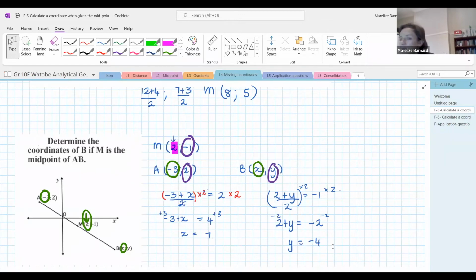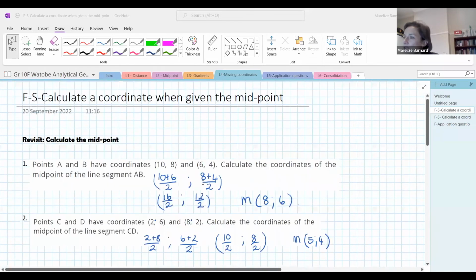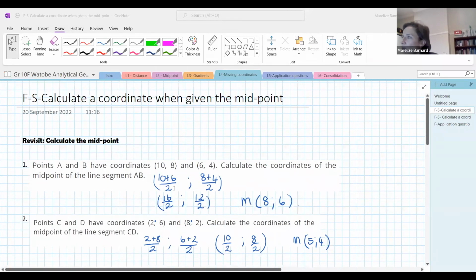Yes, Bonolo. Ma'am, I would love to know, why do we have to divide by 2? Because of the midpoint, the coordinates of A and B added together. Like if you go back to what we did in the first question, you see we calculated the midpoint, we averaged the two x's and the two y's.